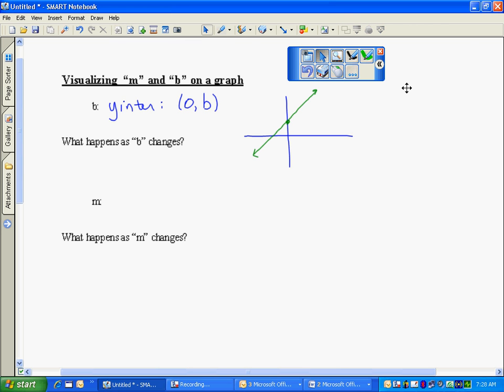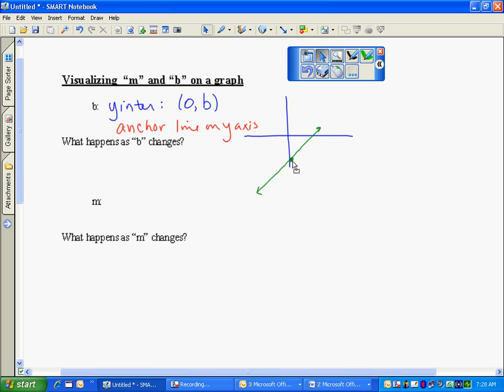Now, as b changes, what happens to my line? Well, b is kind of like the anchor. It's going to anchor my line on the y-axis. So if I move this anchor, I change b, my line floats up and down.